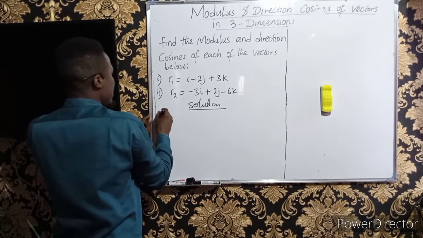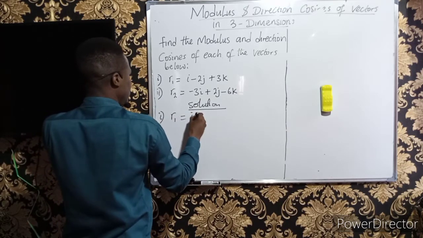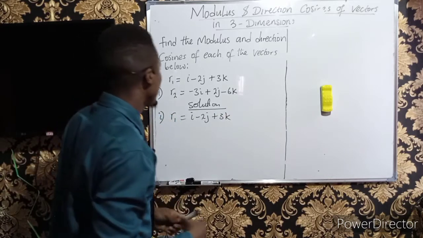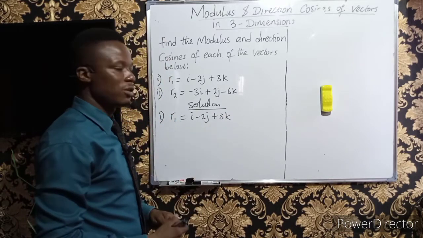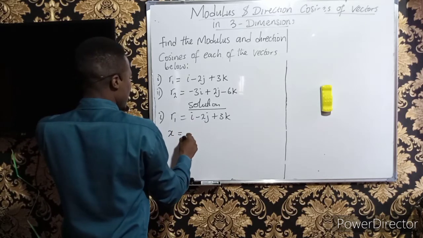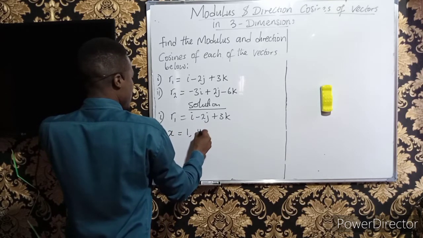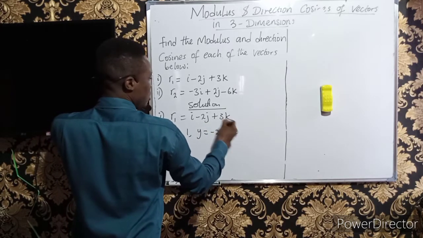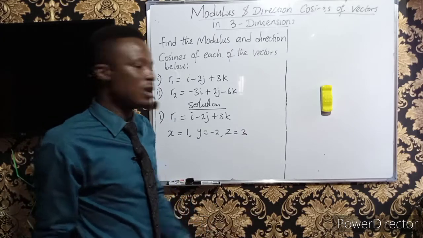So in the first question we have R1 equals i minus 2j plus 3k. Now remember that my x is the coefficient of i, which is 1. My y is the coefficient of j, which is negative 2, and my z, the coefficient of k, is just 3.